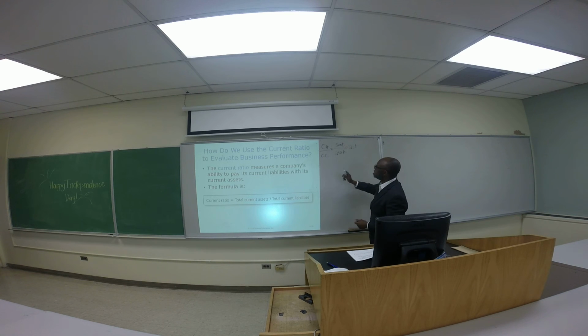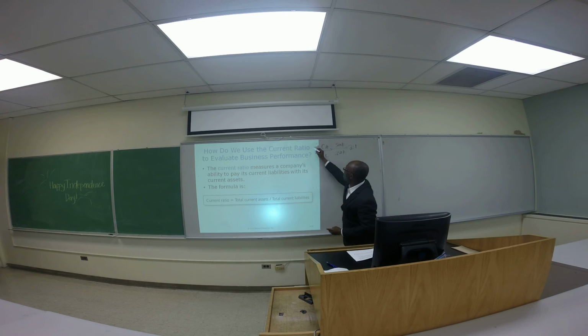What does that mean? That means for every $1 that you owe in current liability, you have $2 to pay it off. So what does that mean for the current ratio?